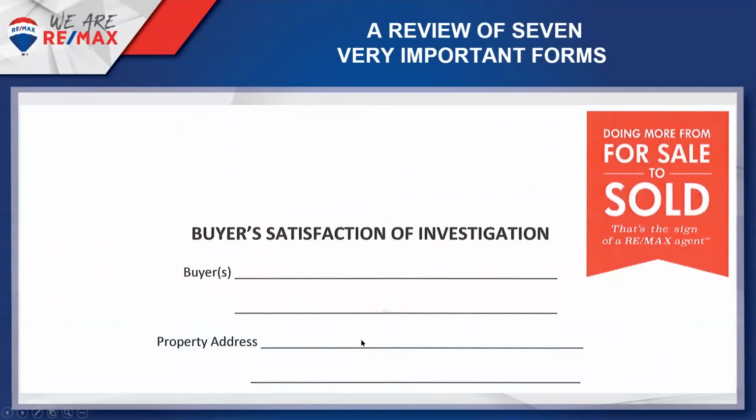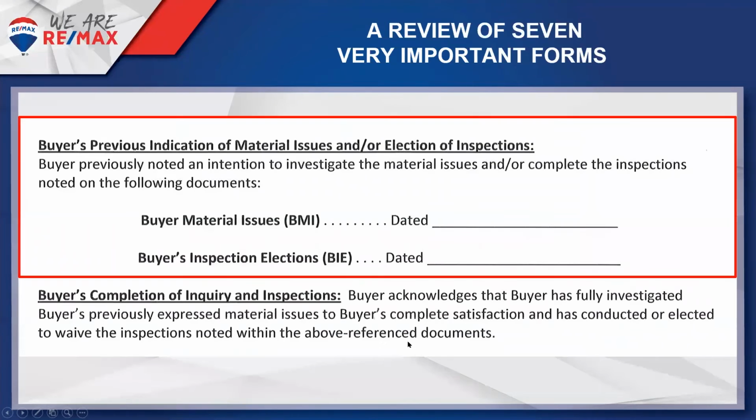It goes hand in hand with the BMI when the BMI has anything on it other than none. If the word none or no specific issues or whatever the buyer wants to say that indicates none, if the BMI has that, then you don't need this satisfaction of investigation. But if it has something on it, then you need this form.